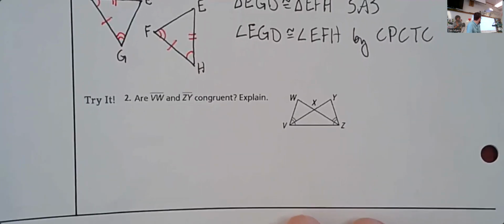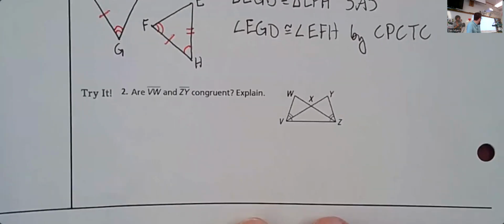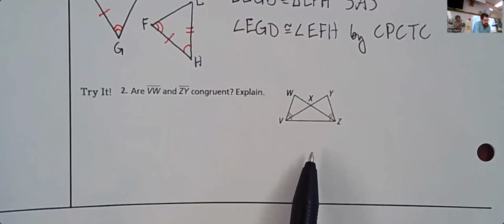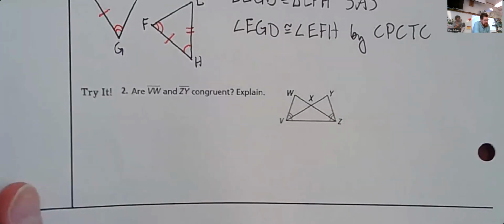Here's our next one. Are VW and ZY congruent? All right. Do we have overlapping triangles here? Down here at the bottom. Okay, what are the overlapping triangles?